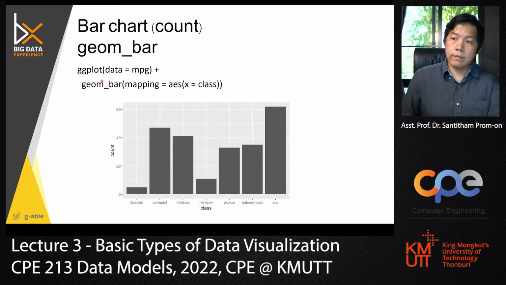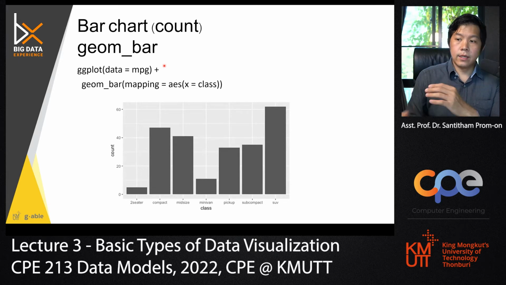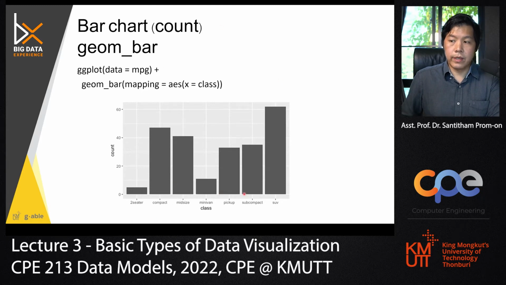You can create a bar chart, right? What use of bar chart? Usually we use bar charts to compare the values of different categories. Like we have different categories here, we can compare the values that differ between them, right? The geom_bar would create a count bar chart.